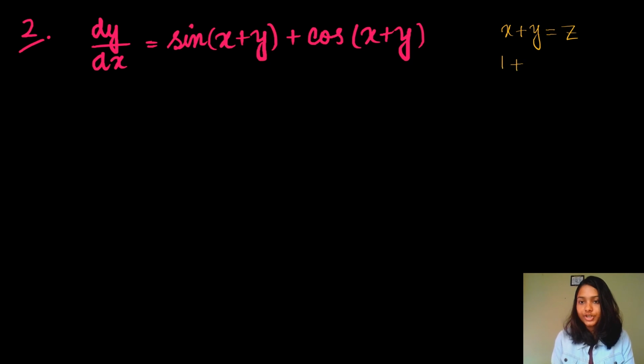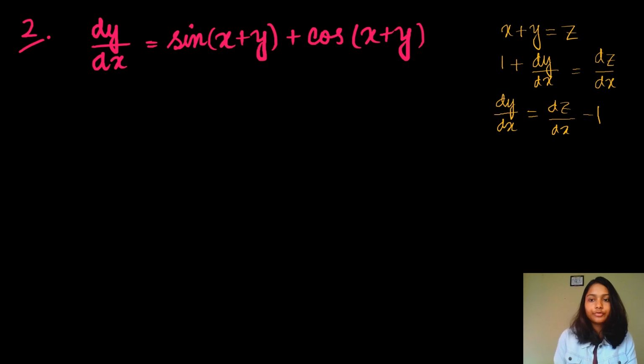So after differentiating, it becomes 1 plus dy/dx equals dz/dx. So dy/dx equals dz/dx minus 1.